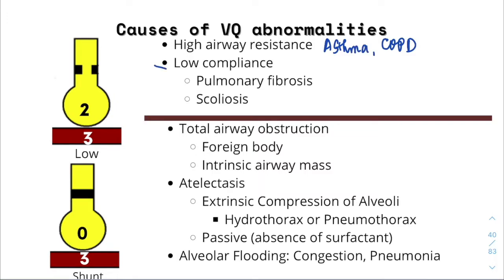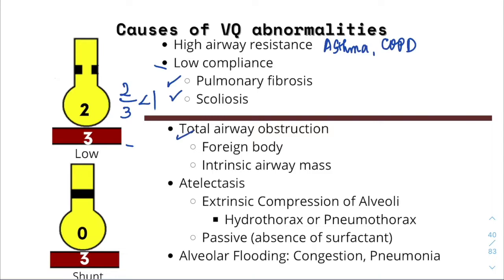Or in the presence of low compliance, such as in conditions like pulmonary fibrosis or scoliosis, that can lead also to a low VQ. So low VQ, 2/3, lesser than 1. Okay, how about shunt VQ?